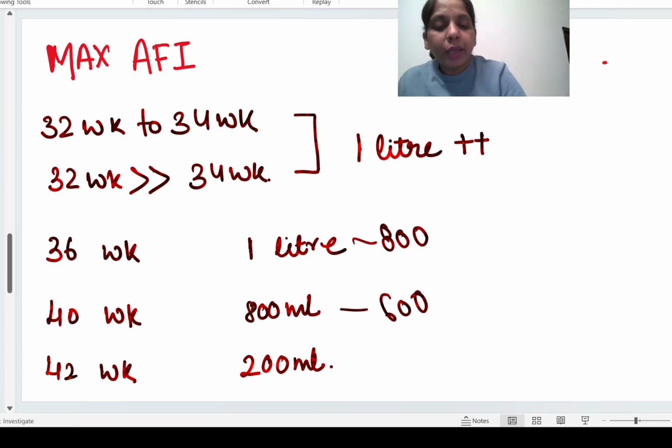At 36 weeks, it is 1 liter to 800 ml. At 40 weeks, it is 800 to 600 ml. And at 42 weeks, it is around 200. So there is significant reduction of amniotic fluid after 40 weeks. That is why we say if on the ultrasound you get oligohydramnios, please rule out post-datism.